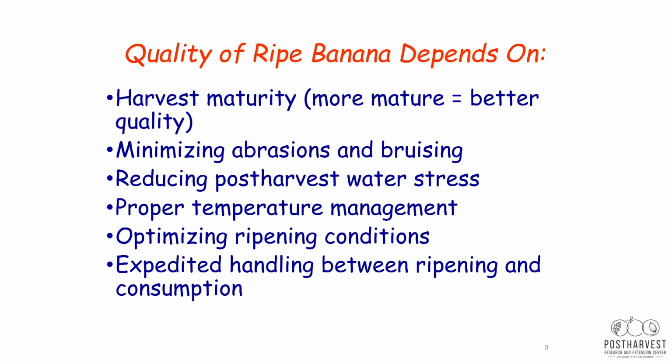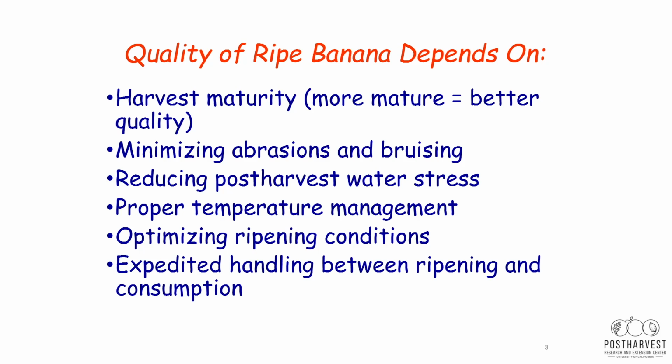Again, just like everything else, temperature management is very important. We'll cover a little bit about optimizing ripening conditions, and then handling the fruit and taking it to the consumer as soon as possible after ripening.